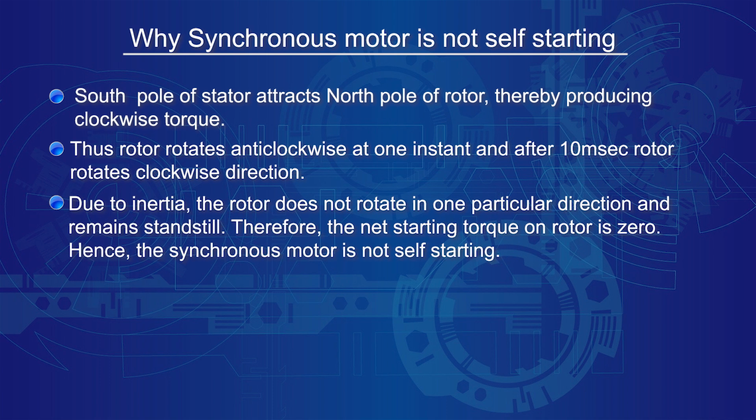Now due to inertia, the rotor does not rotate in one particular direction and remains standstill, and it fails to rotate. That's why we say that the net starting torque on the rotor is 0. Hence the synchronous motor is not self-starting. We have to put some other means to start it.